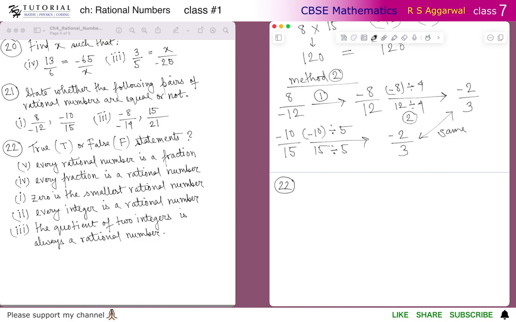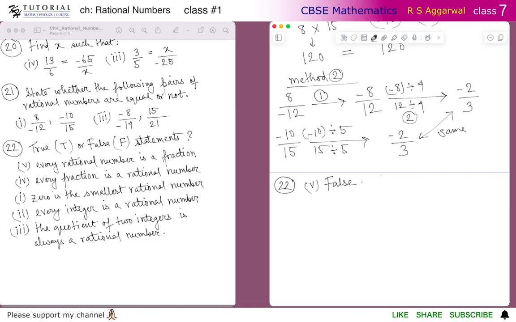Every rational number is a fraction. This is a false statement, because a fraction is never negative. What is the definition of a fraction?